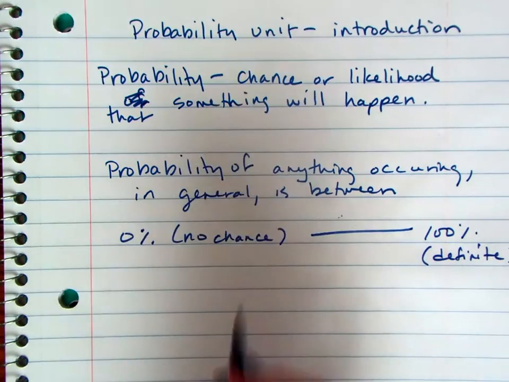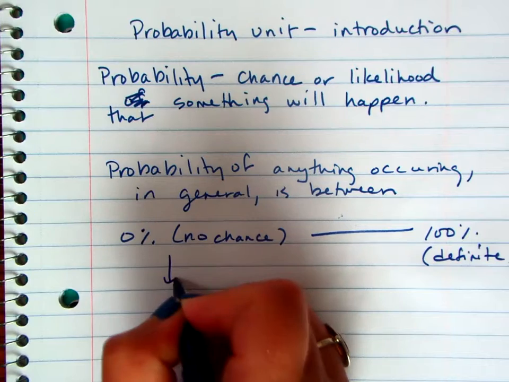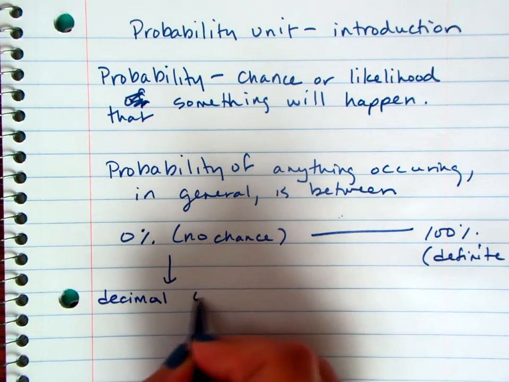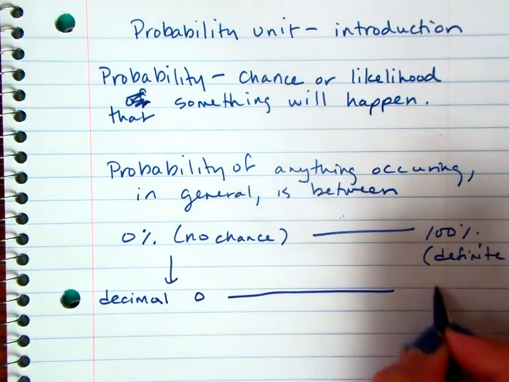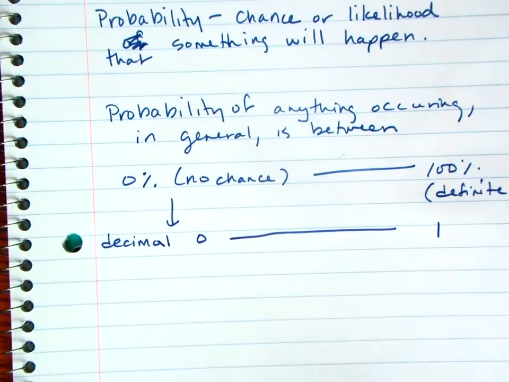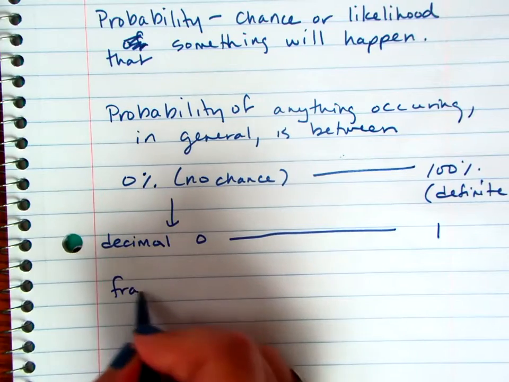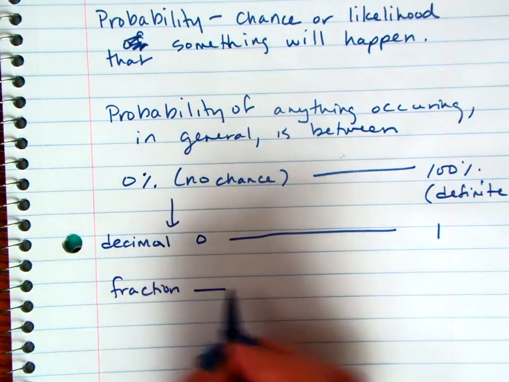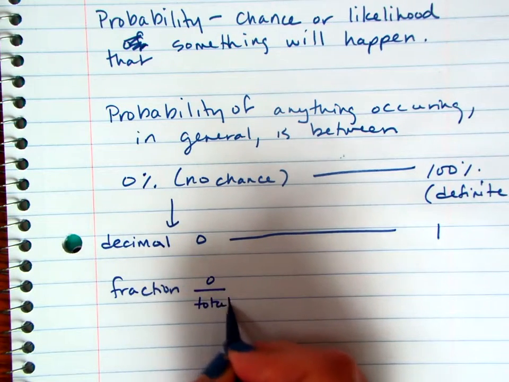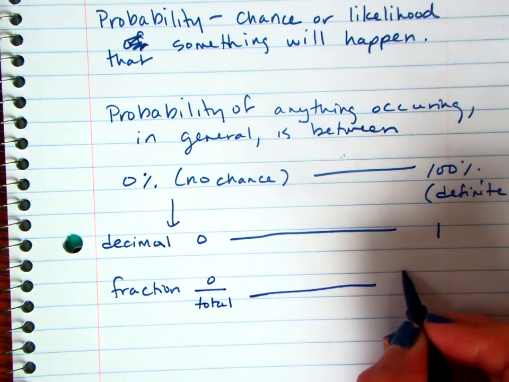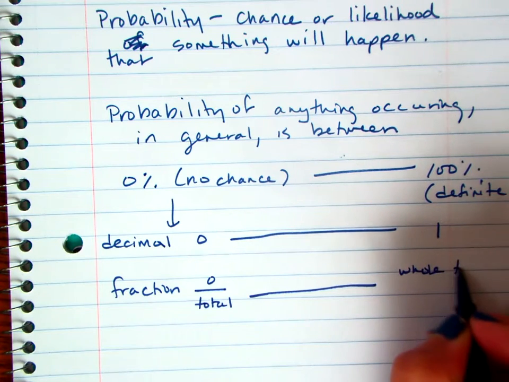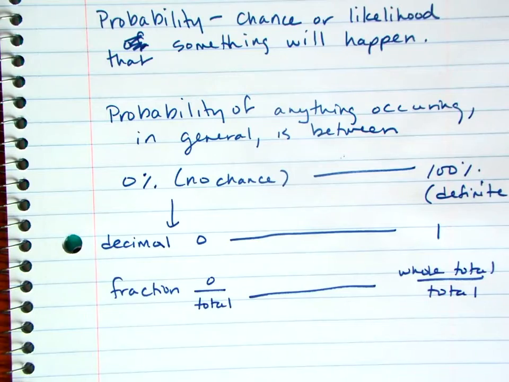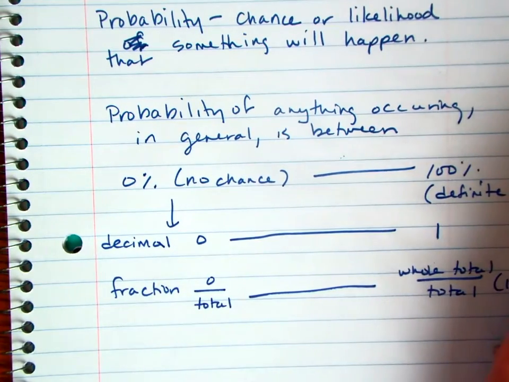Okay, so other ways to think about that are in decimal form. This would be 0 all the way up to 1. And they can also be measured in fraction form. So for example, 0 out of the total, and this would be the whole total out of the total. So fraction form of 1 would be just 1, basically.